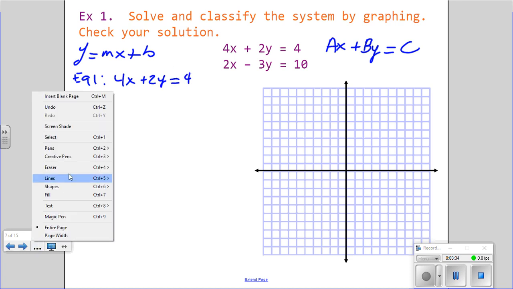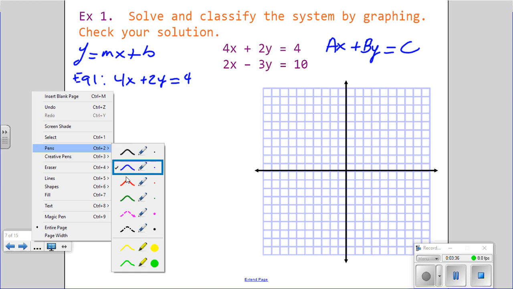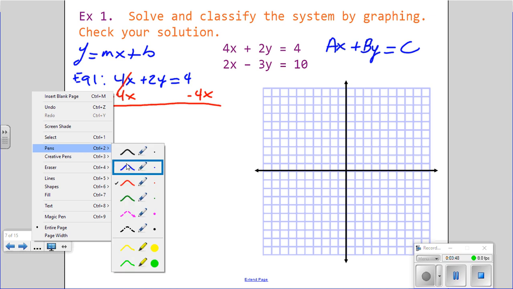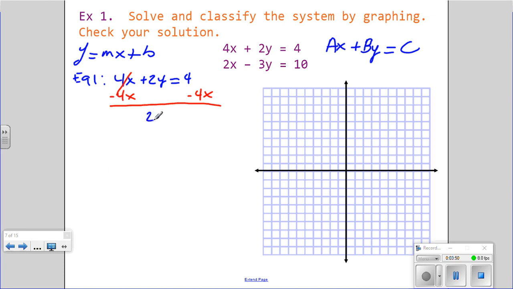First, to get it in slope-intercept form, I would have to subtract 4x on both sides to cancel it. That would leave me with 2y equals negative 4x plus 4. X's come in front.